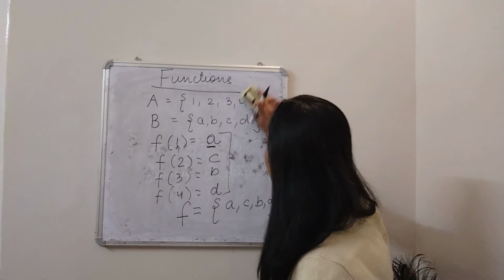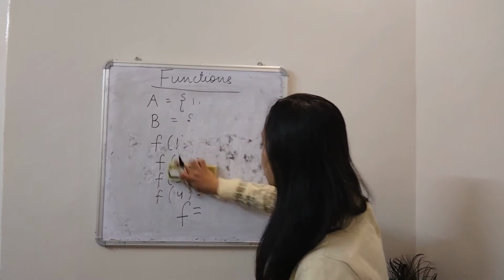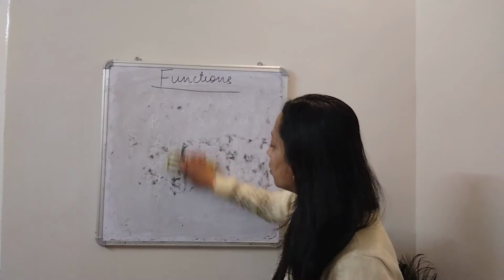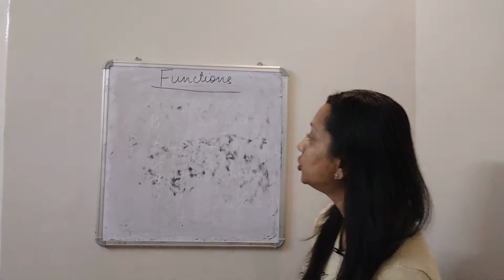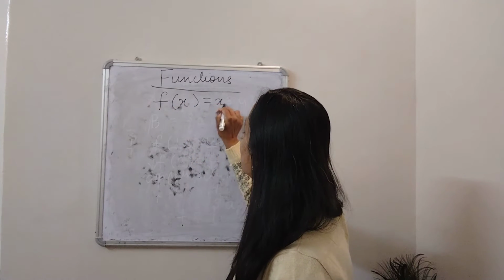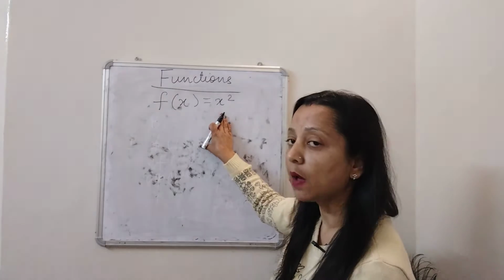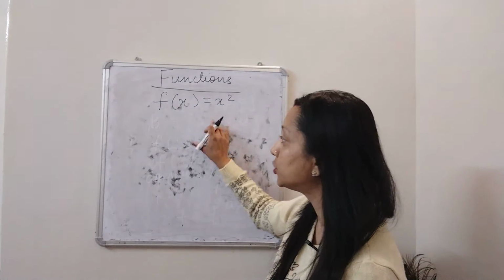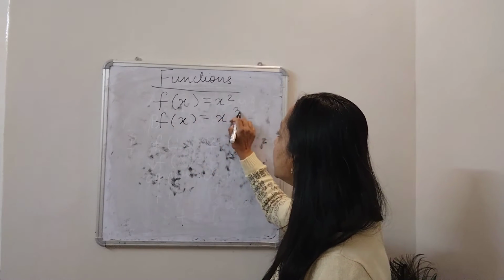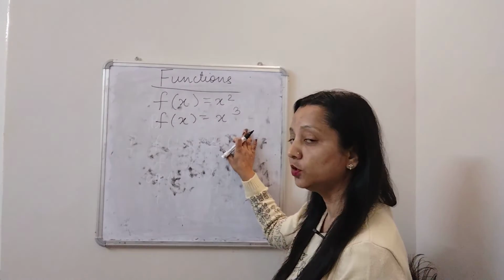So a function can also be expressed mathematically. This was one way of expressing a function. The other way is that you can also mathematically express a function. For example, f(x) = x squared, that means a function that sends all the real numbers into their squares. Or f(x) = x cubed, that means a function that sends all the real numbers into their cubes.